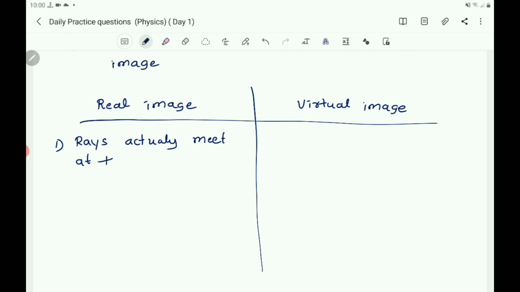Here in virtual image the rays appear to diverge from the image point.